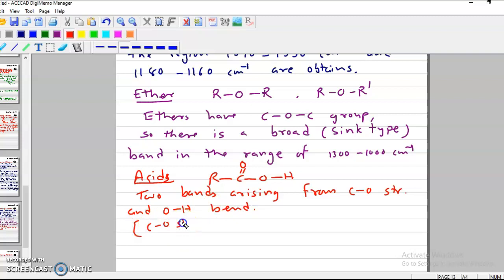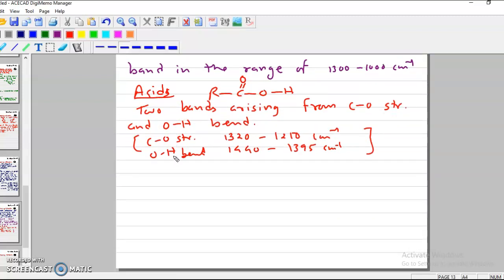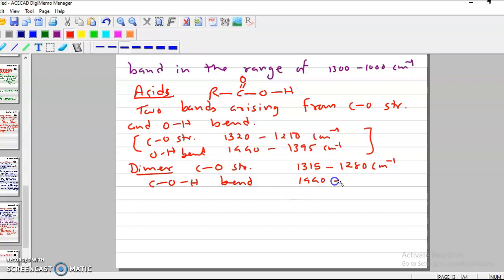So here C–O stretching will be at 1320 to 1210 cm⁻¹, and OH bending will be at 1440 to 1395 cm⁻¹. In case of a dimer, C–O stretching will be at 1315 to 1280 cm⁻¹, and O–H bending will be at 1440 to 1395 cm⁻¹.